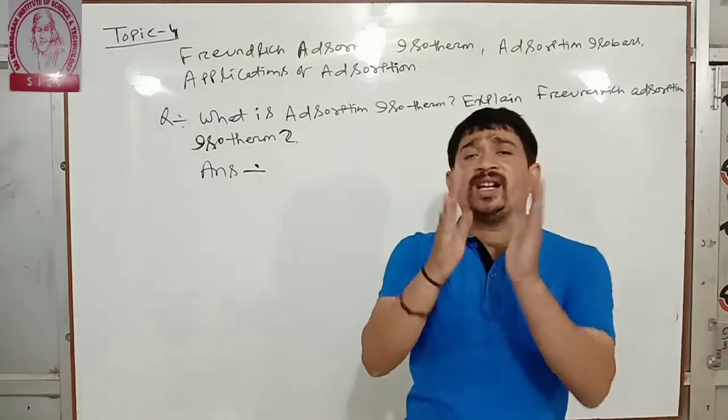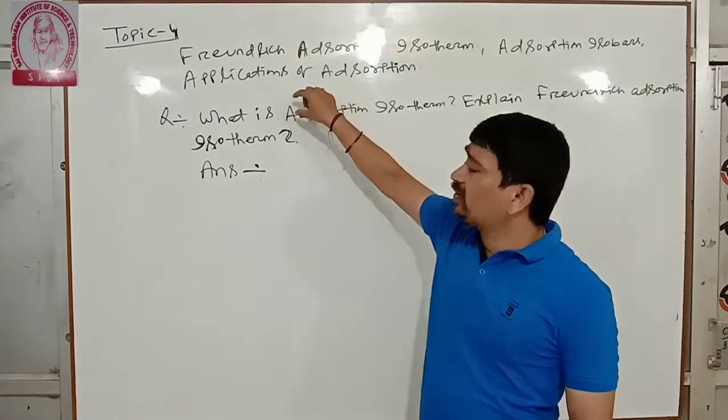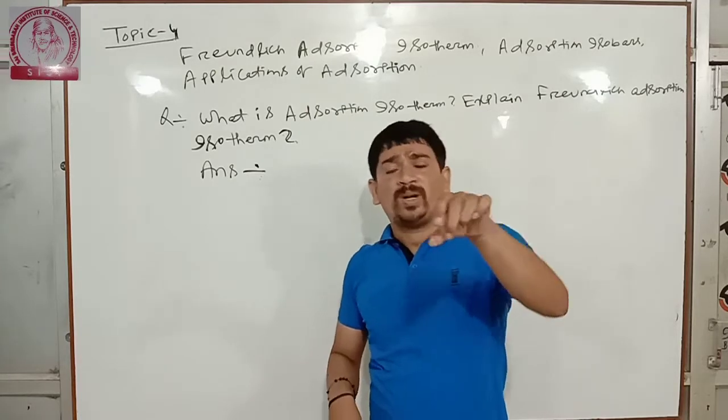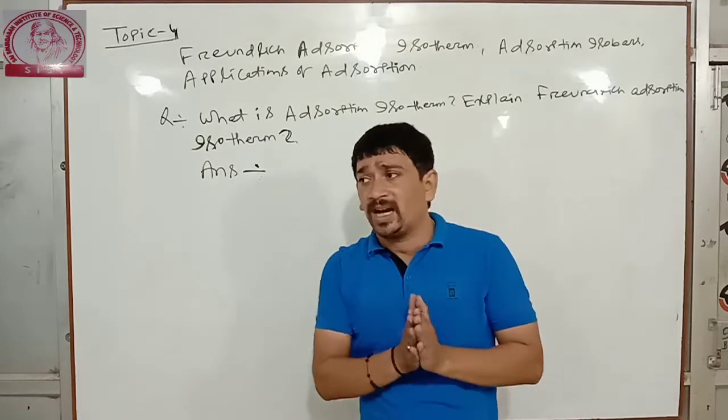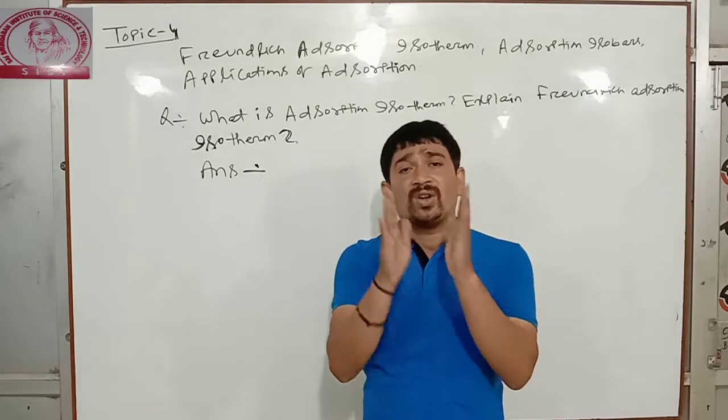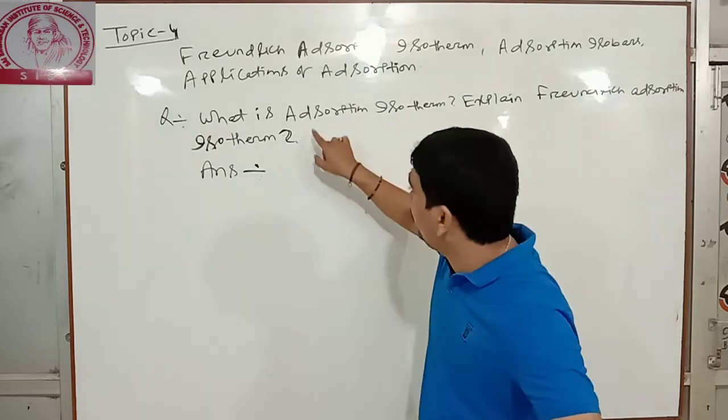So first, what is adsorption isotherm? Already we have discussed. Adsorption isotherm is the plot of the curve between x by m and pressure P of the gas at constant temperature. This curve is called adsorption isotherm. So first we will write the definition.